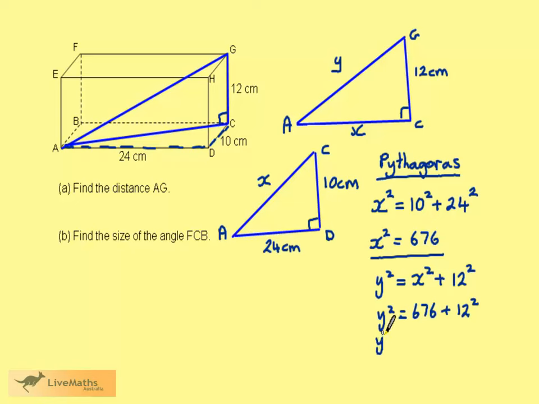So calculating, y squared is equal to 820. y then is going to be the square root of 820, which is 28.6356 and so on. So y is 28.6 centimeters, correct to 3 significant figures.